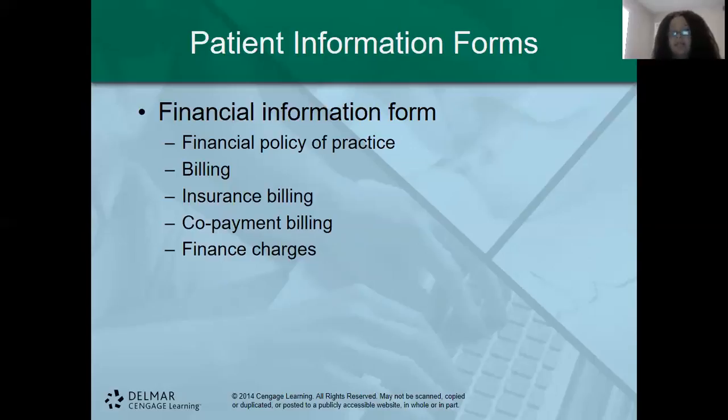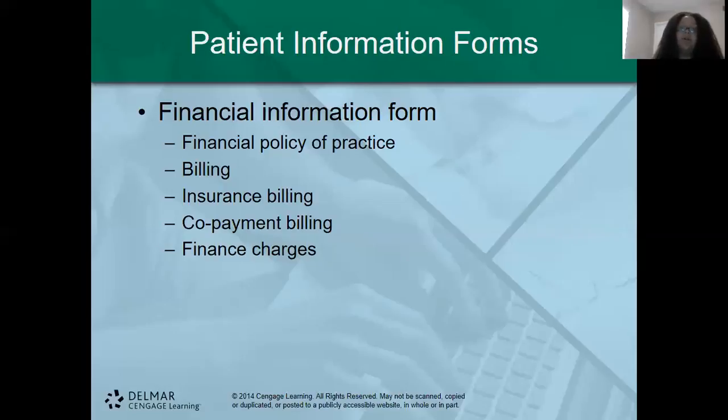Insurance billing is just like what we said. Co-payments, most of the time, are due right when you sign in to be seen. Some people say, okay, well, we'll send you a bill. I have not seen that recently, but that doesn't mean it's not still practiced.